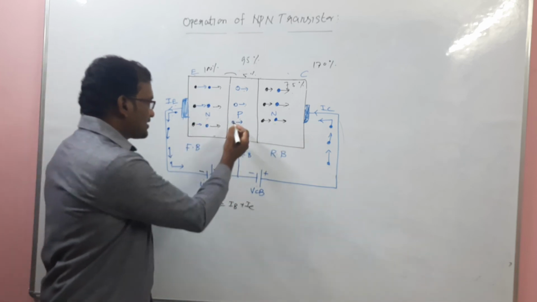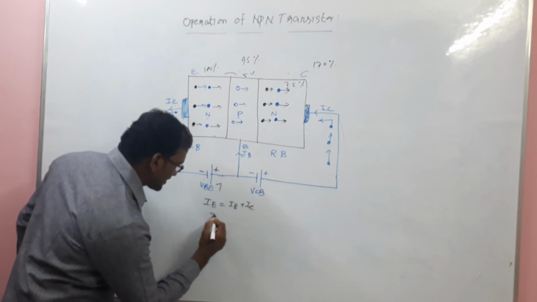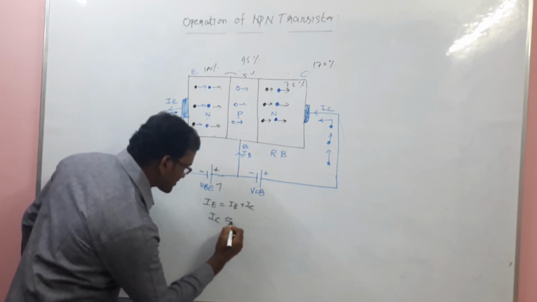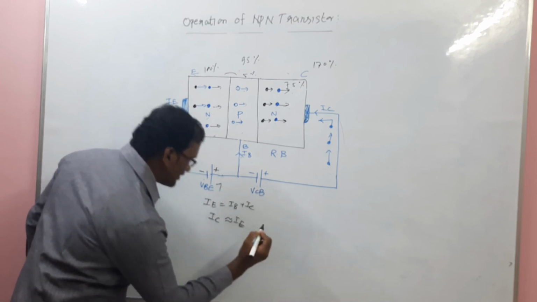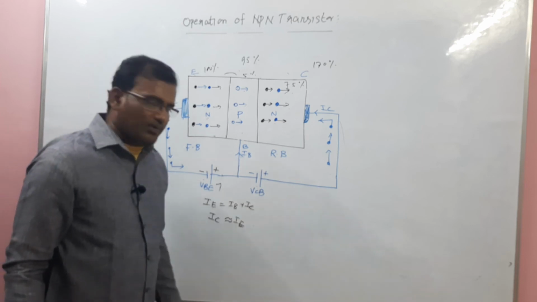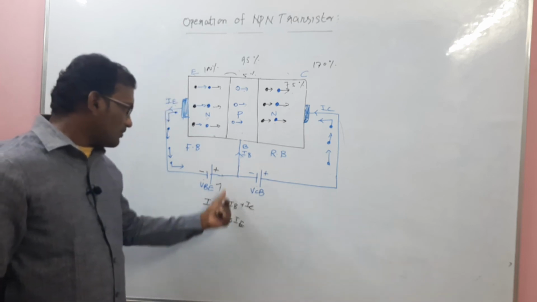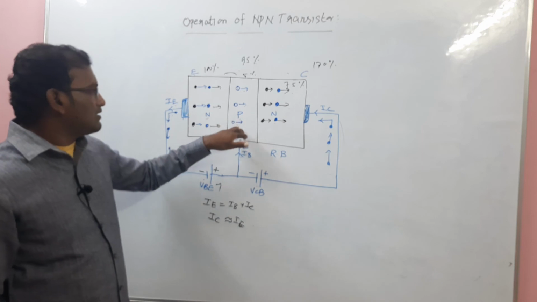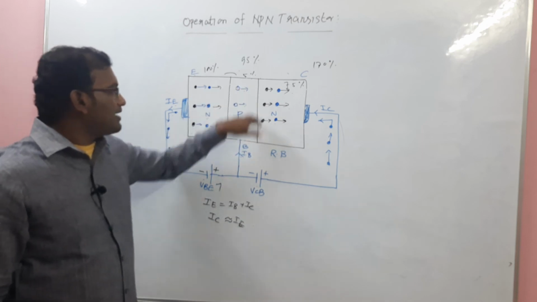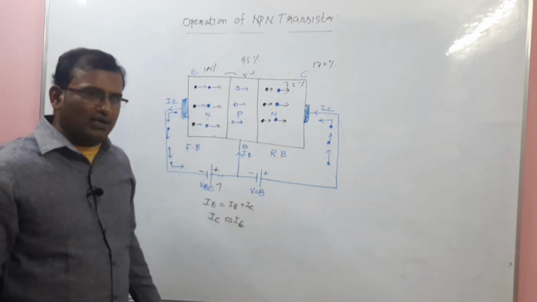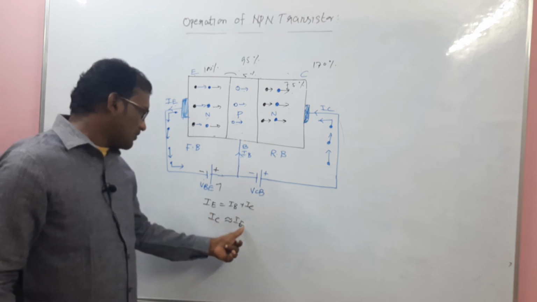So this should be written as IC is approximately equal to IE. We can neglect the base current, because only a little current is present in the base region.